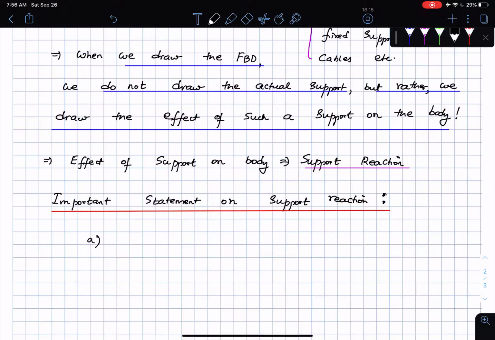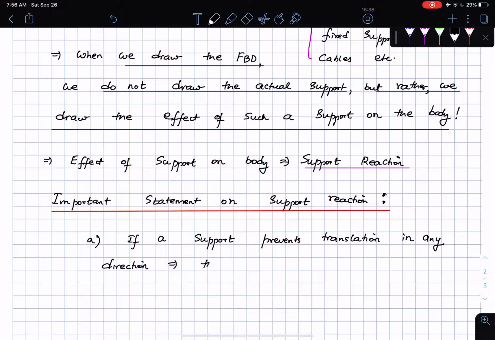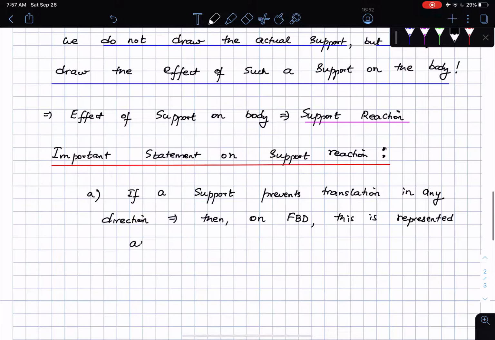A, if a support prevents translation in any direction, then on the free body diagram, this is represented as a reaction force along that direction.